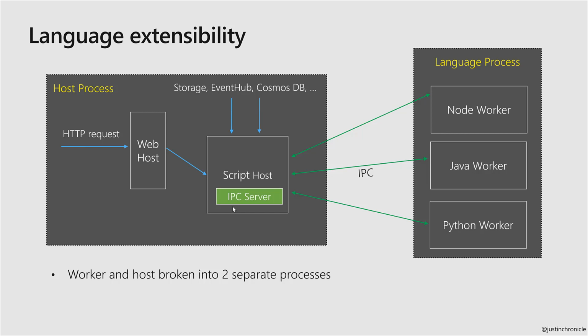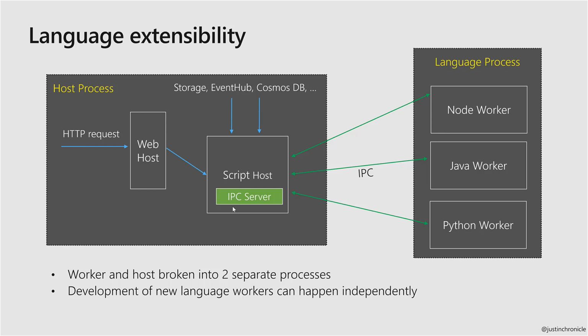Within that script host, it looks for the language process runtime, which can be a Node.js worker, Java worker, or Python worker. By changing the architecture this way, we can add extra languages. We only need to put the language worker onto it, and then it is automatically loaded into the host process by running the IPC server. That's how it works internally.